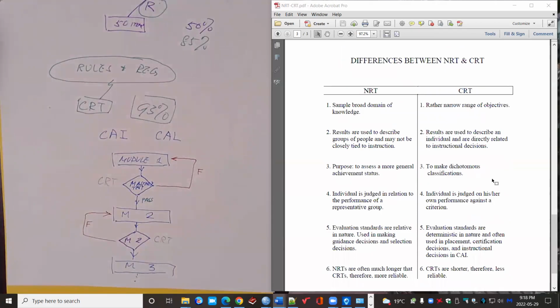Let's take a look at the differences between NRT and CRT. NRT is most often a standardized test. They sample a broad domain of knowledge. Norm reference tests are long.